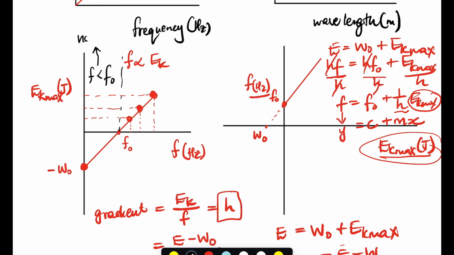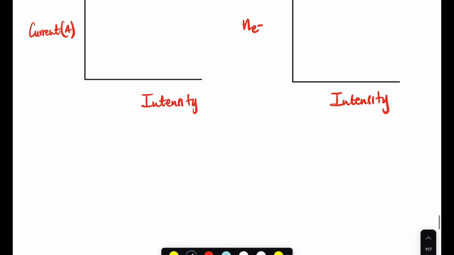That means no emission, which means no photoelectric effect. Above this, the frequency of the light is greater than the threshold frequency. That means emission occurred here, which means the ejection of electrons occurred there. Very important. Let's look at another graph.